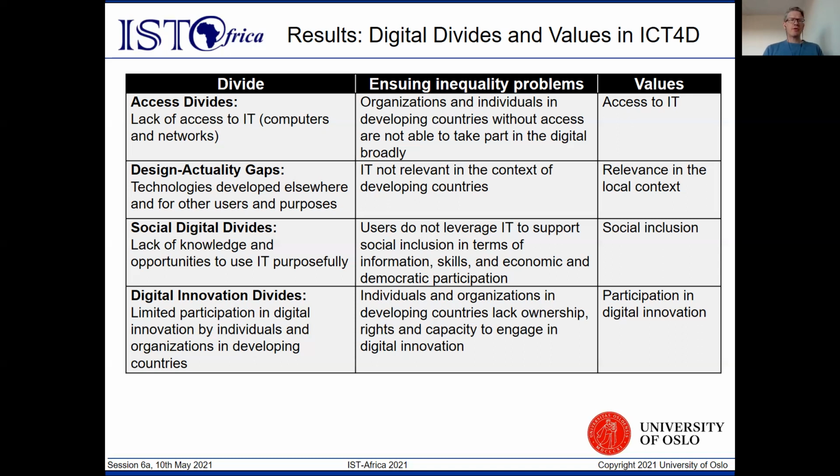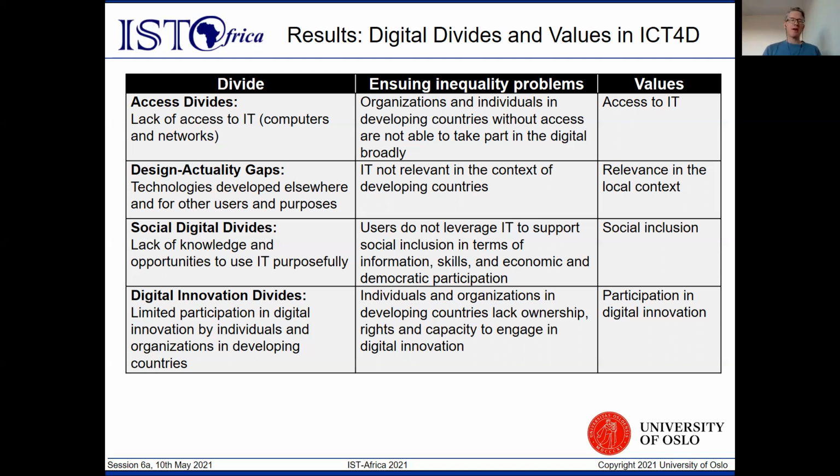The third generation of divides I label social digital divides. Where IT is affordable, the users have access, and it is suited for the context, we may still lack the knowledge and opportunities to use IT purposefully, which is social digital divides.